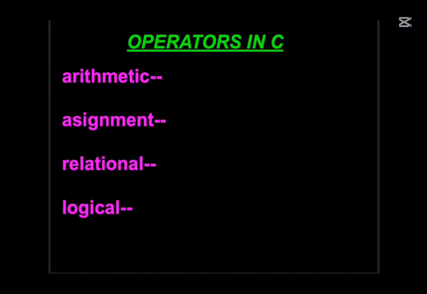I'm going to be talking about different types of operators, and the first one here is arithmetic. We are very used to this one because we do this in mathematics.